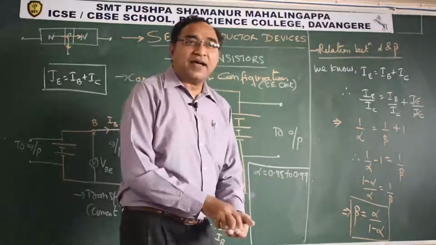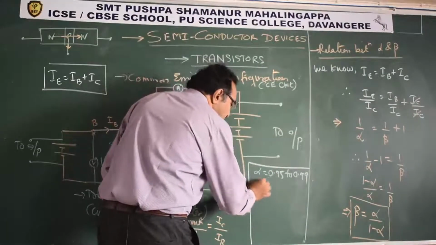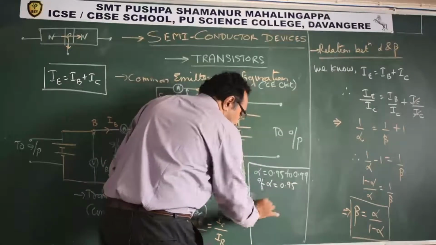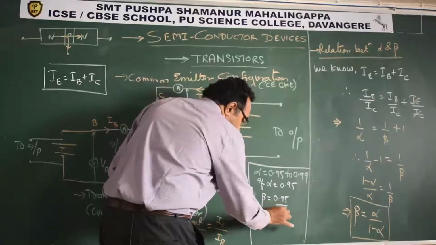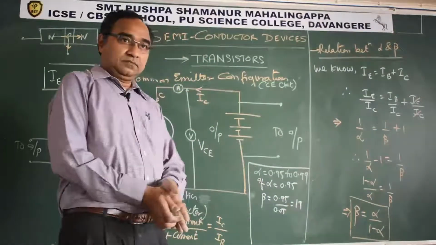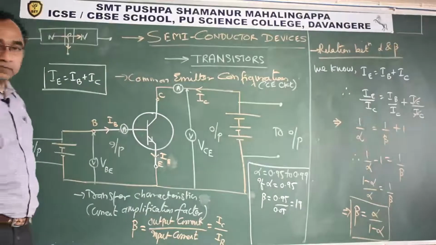Students, you will get the shock of the day. If alpha is 0.95, beta is 0.95 by 0.05, and that is 19. Got it?